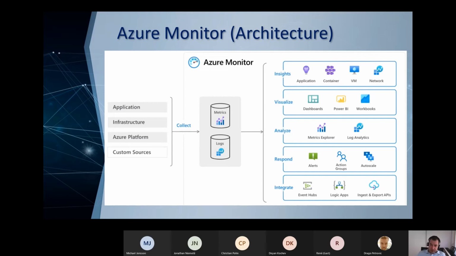And the most important thing for me is on the right side: what you can do with the data, how you can interact with it. We already mentioned Insights, so Application Insights. This gives you the availability, performance, and usage data of your web application, no matter if it's hosted in the cloud or on-premise. That's a very cool feature.